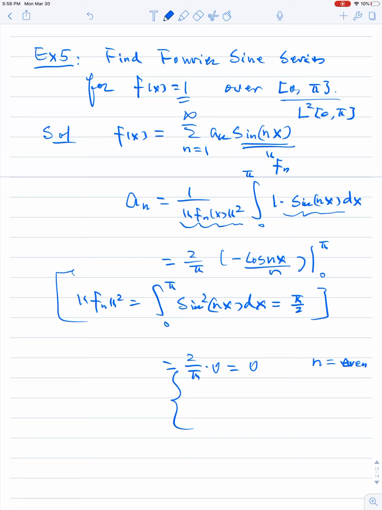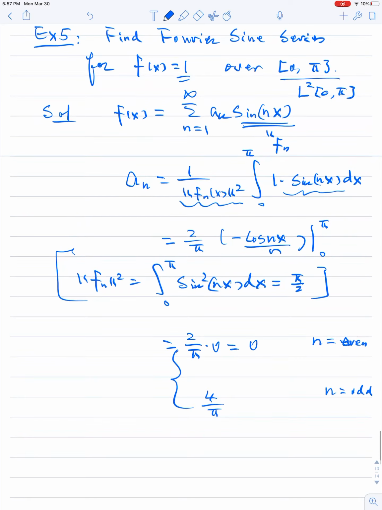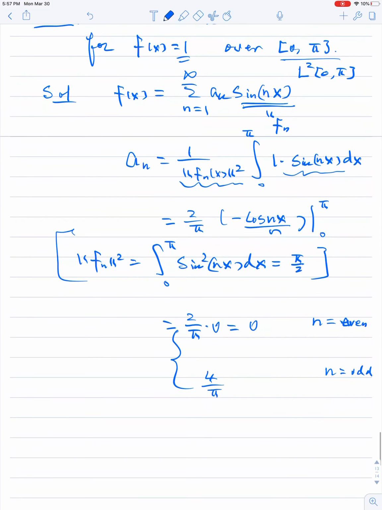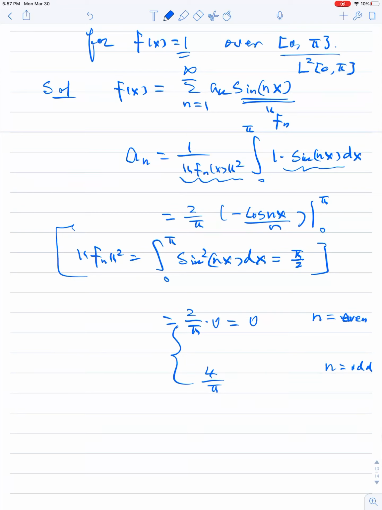When n is odd, you would have negative 1 minus 1, so it becomes 2, so it becomes 4 over pi. So therefore the Fourier series for 1 is this.